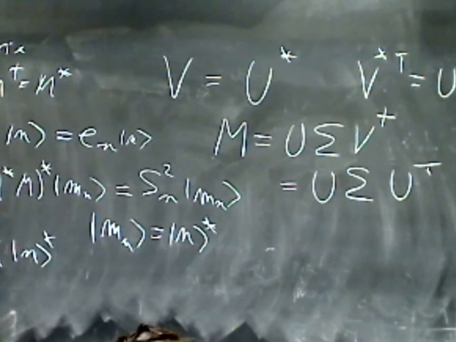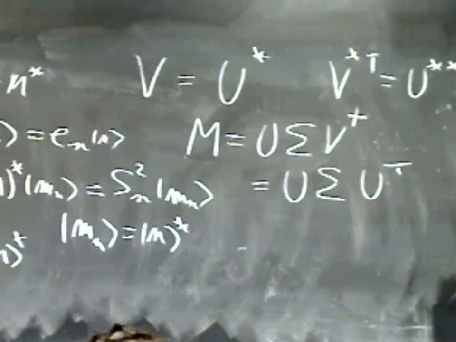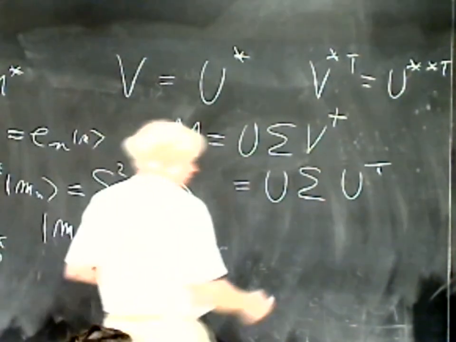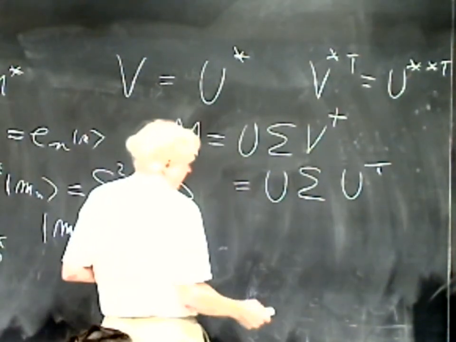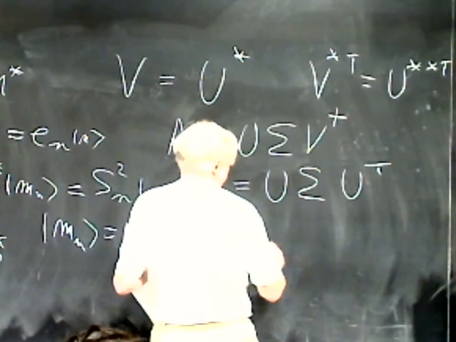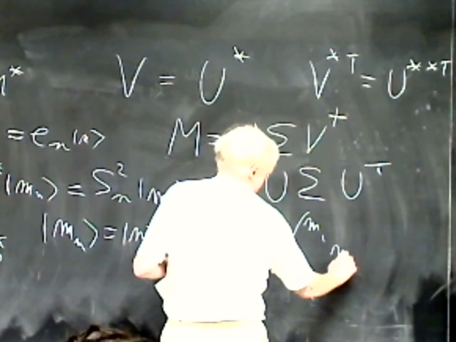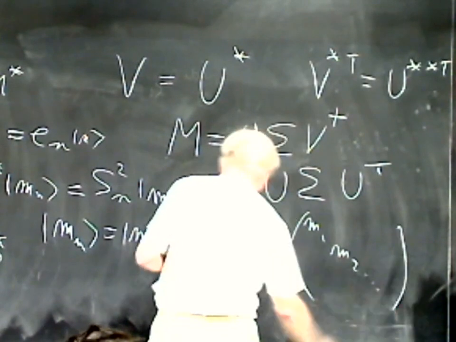And the quark masses then are the non-negative singular values of this matrix. So they would be, in other words, m1, m2, dot, dot, dot.